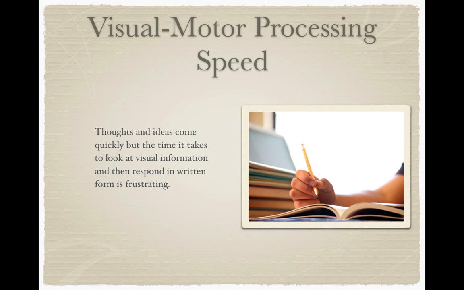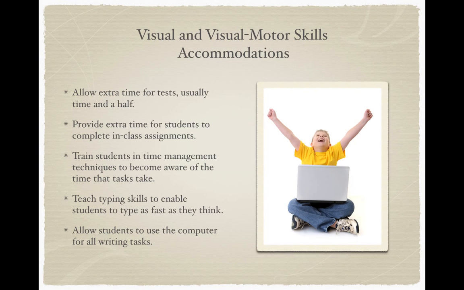There are accommodations for visual and visual motor skills. The most common one is allowing extra time on tests. Another one is to provide extra time in the classroom for assignments or outside of the classroom so that they have extra time to turn it in. Really getting students trained in time management so they can see where they are and how much more they have to do can help.